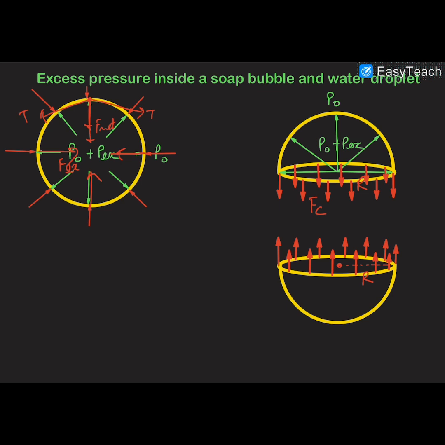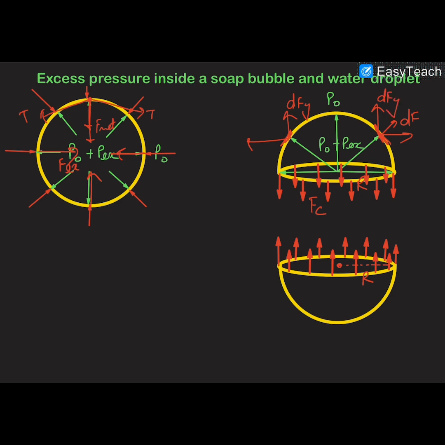But obviously, if this is the force acting due to excess pressure, this component of the force and this component of the force will be cancelled out, and these components will be added up, dFy. This is dFy.